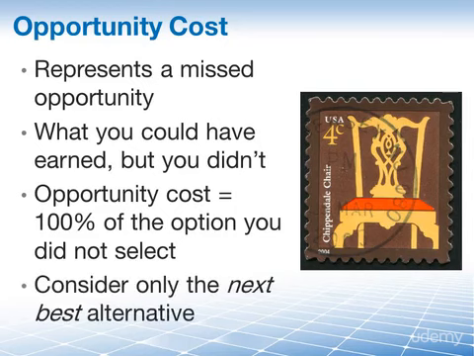Note that the opportunity cost is always 100% of the opportunity that you did not select. So in our chair example, the chair was worth $10,000. That is your opportunity cost, and not $10,000 minus the $5 that you would have paid for the chair. No, it's always 100% of the option that you did not select.